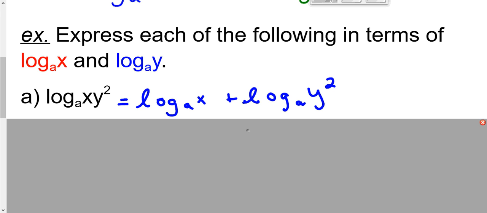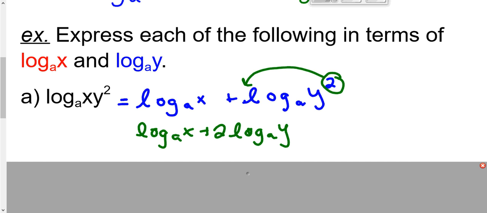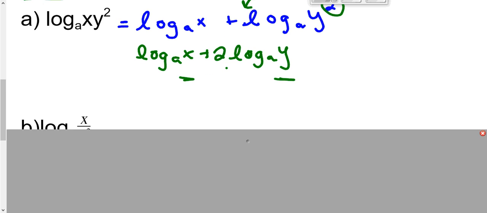When we have an exponent, we can move it to the front. So when we simplify this completely, log base a of x will stay, plus 2 log base a of y. That would be what they're asking for. We have a log x and a log y. This one's just times 2. So that's our expanded expression.